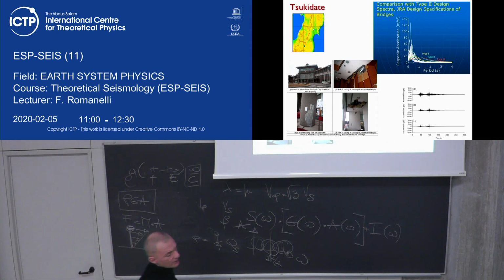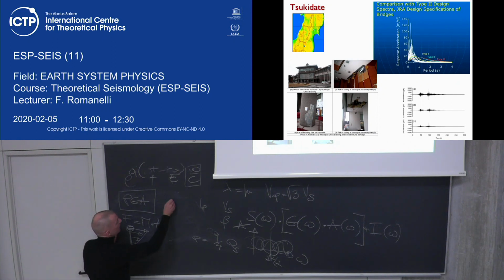But nowadays, PGA is not the most used parameter for hazard assessment. The most used parameter for seismic hazard assessment is not a single parameter, it's a set of parameters, and it is called, if you want, SA, spectral acceleration.